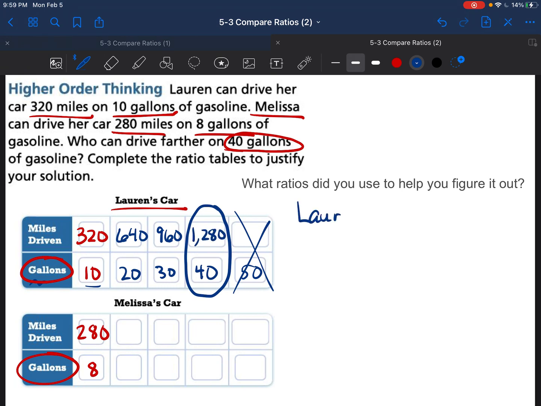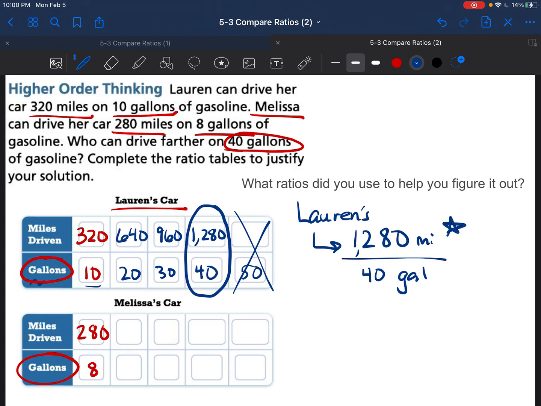So for Lauren's car, she goes 1,280 miles on 40 gallons. So when we compare with Melissa's, whoever gets the most miles on 40 gallons is going to be the best car or who can drive farther.